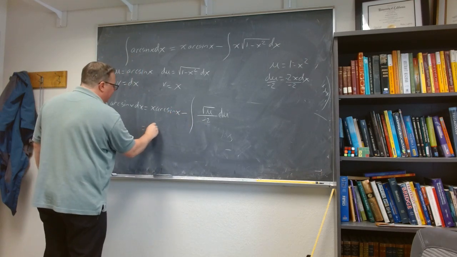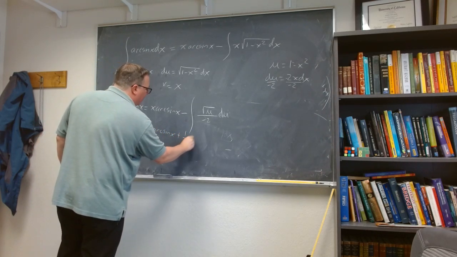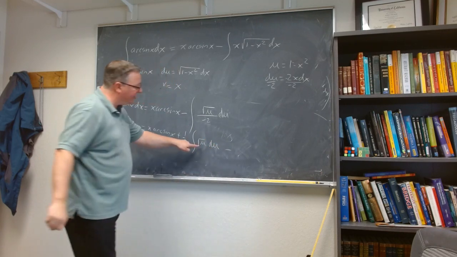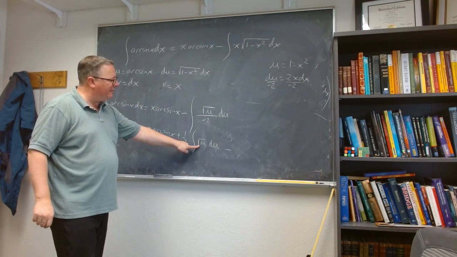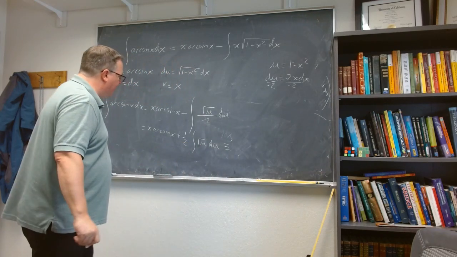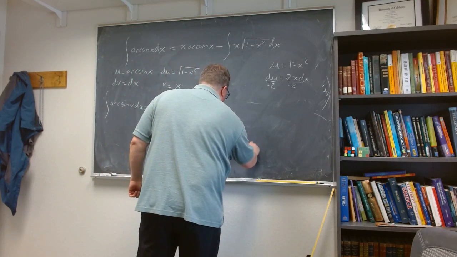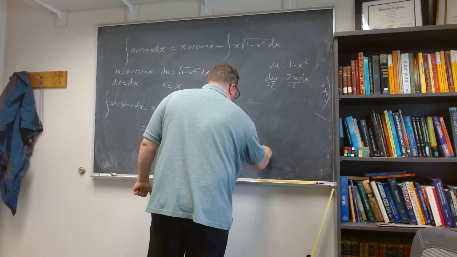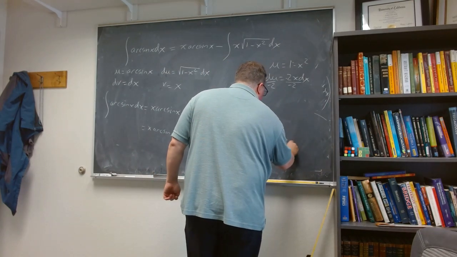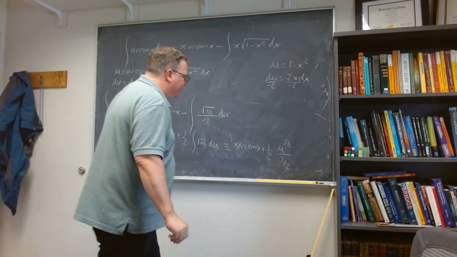So I'm going to get x arcsine of x plus 1/2 of the integral of root u du. And this is a power rule. This is u to the 1/2. So the antiderivative is going to be 2/3 of u to the 3/2. So I'm going to get x times the arcsine of x plus 1/2 of u to the 3/2 over 3/2 plus c.